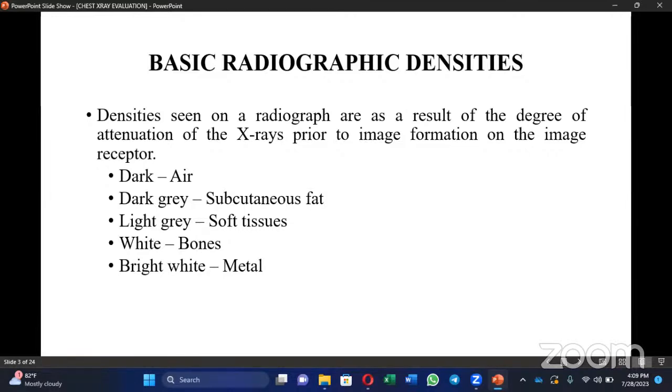These are mainly metallic structures. So whenever you see a foreign body, such as a coin, or someone has swallowed a coin or any metallic structure, and you do an X-ray on that person, you will see a very bright white structure in the location of that foreign body.